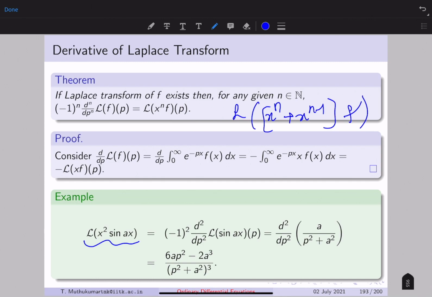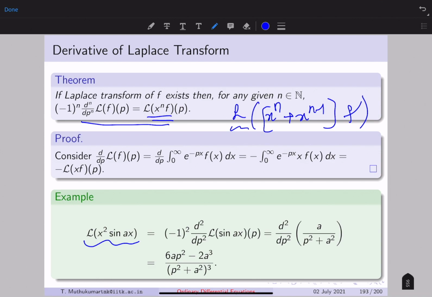You can bring it together using the linearity of the Laplace transform. You can multiply f by any polynomial of any degree, and then compute the Laplace transform using this property and the linearity. All that can be done.